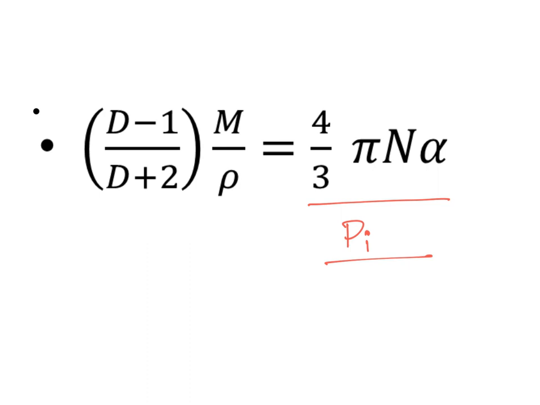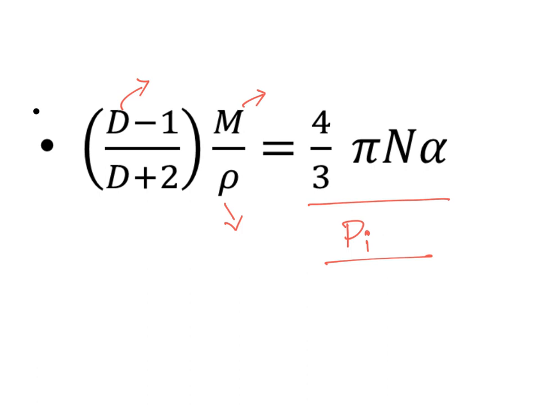The left hand side of the equation is equal to the induced polarization, where D is the dielectric constant of the medium, M is the molar mass of the molecule, and rho is the density of the molecule.